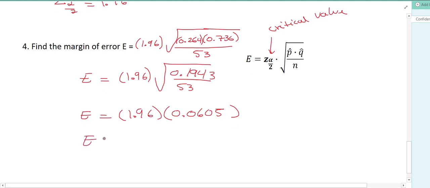And now the margin of error is that times 1.96. So still rounding to 4 decimal places, I get 0.11858. So to 4 decimal places, I'm going to round that 5 to a 6. So that's what I get for my margin of error. So now I'm ready to build the confidence interval.